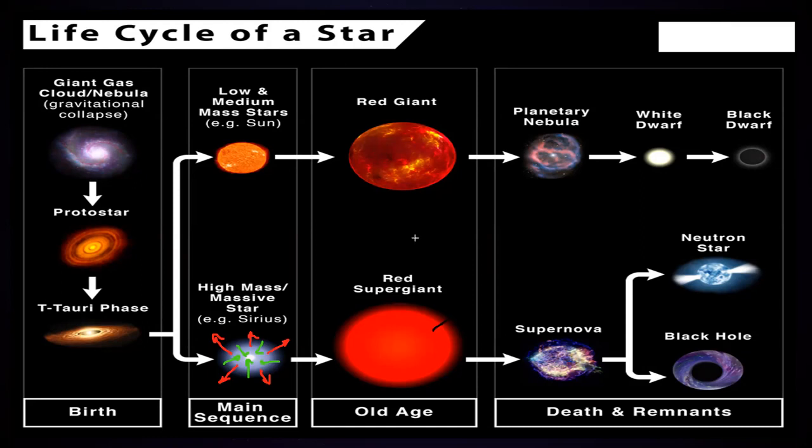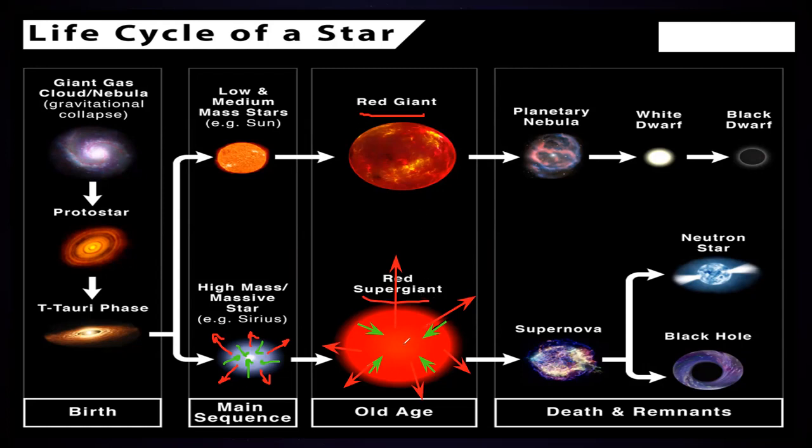Gravity is pulling everything towards the core, and the radiation is pushing everything outward. But the radiation pressure is so high that the size of the star will increase, and it is known as a red supergiant. In a low mass star, we call that a red giant, but in a high mass star, we call it a red supergiant because it's bigger in size.